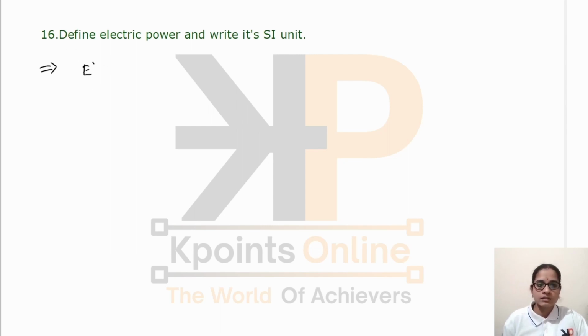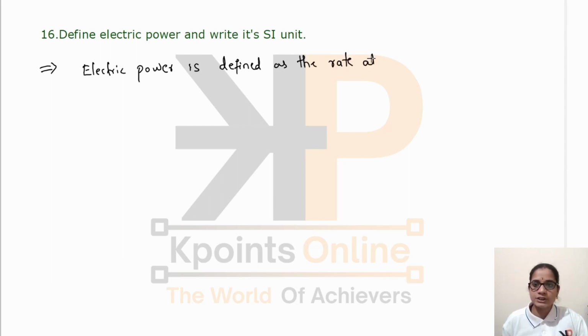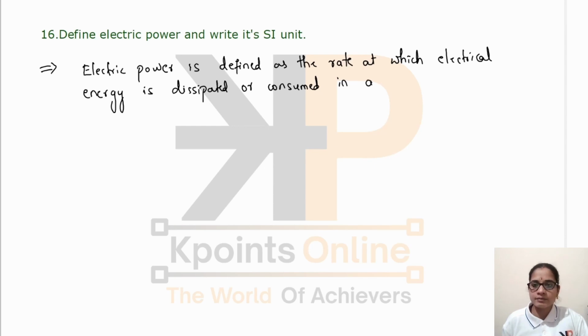So, electric power is defined as the rate at which electrical energy is dissipated or consumed in an electrical circuit. And also they have asked to write the SI unit. We know the SI unit of electric power is watt.